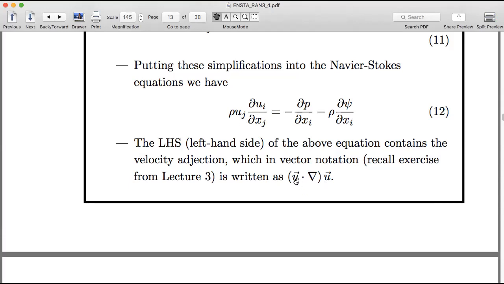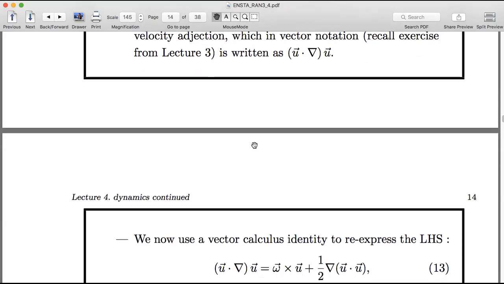So you have the dot product of this velocity with this gradient operator, which looks like u dot del, where del is the d by dxj, and then the ui just becomes this vector. So we think of that as some vector calculus operator that hits this thing. If you want to know what it means, well, it means this.